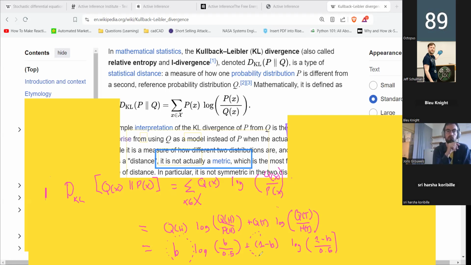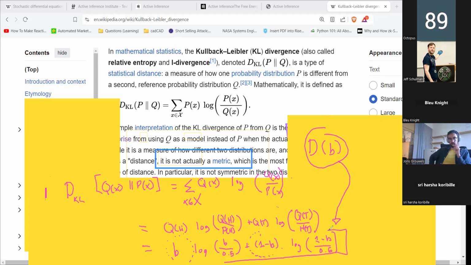So we can make a plot of this where this quantity D is the output, and it's a function of B, and it will be equal to this. And what this could give us is an intuitive sense of, for instance, how quickly the Kullback-Leibler divergence grows as the bias gets further away from 1/2, as the coin becomes less and less fair.